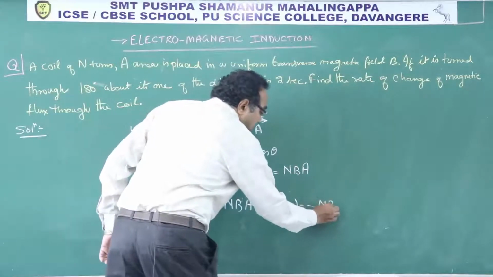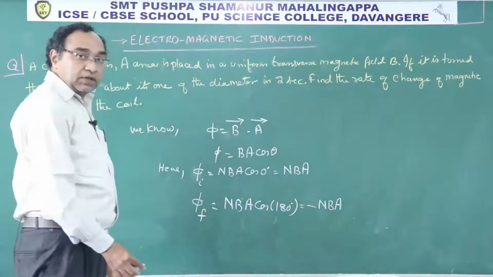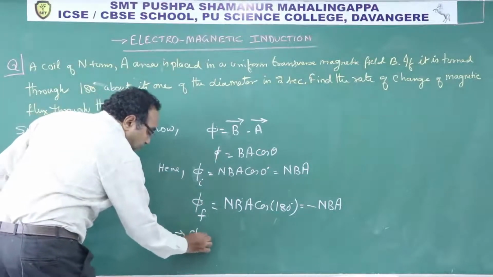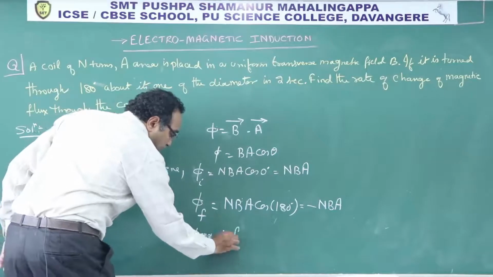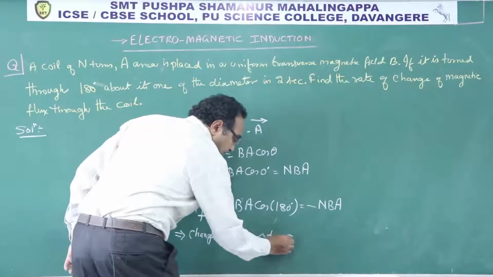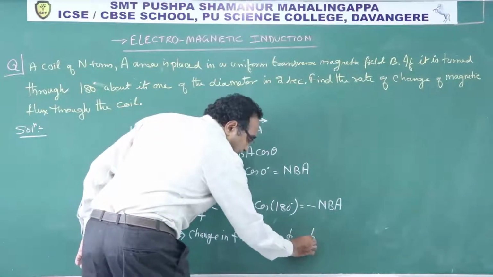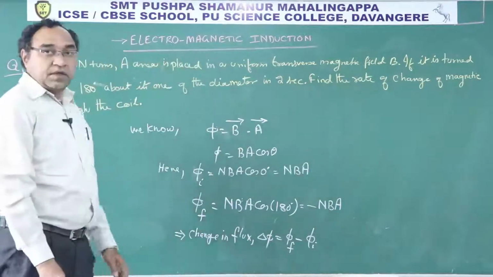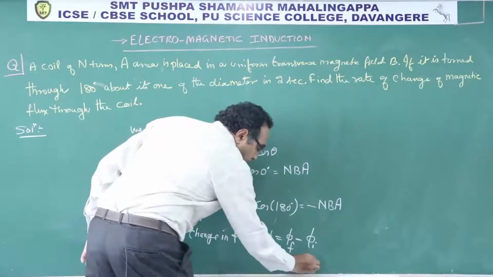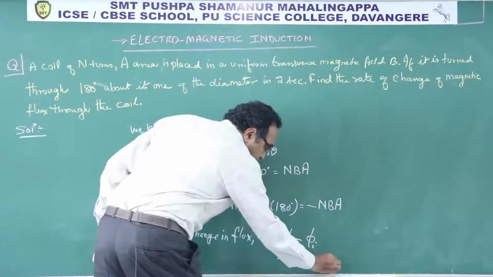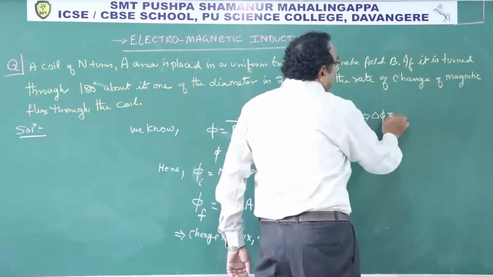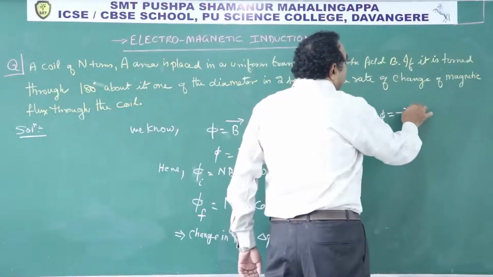Minus of NBA. So what is the change in flux? Therefore, change in flux delta phi will be given as final minus initial. So final is minus NBA, minus NBA. So therefore what we can say? Change in flux is minus 2 NBA.